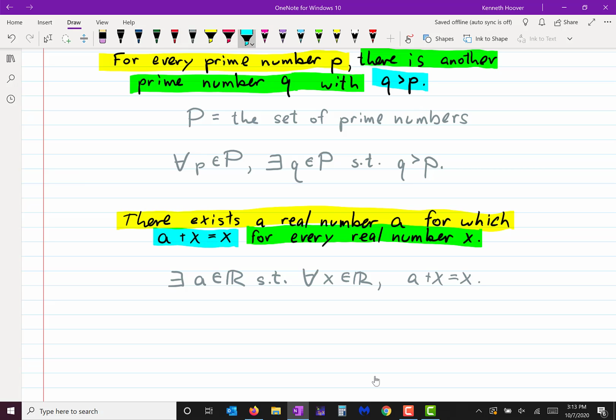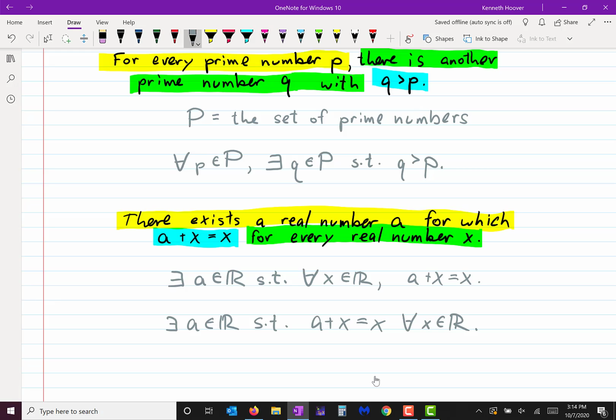Now, could I have written it this way, more like the ordering that it was in the original sentence? The answer is yes, that is logically equivalent, but I don't want you to.